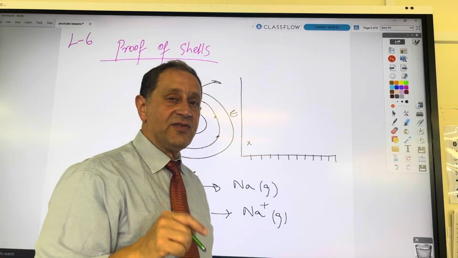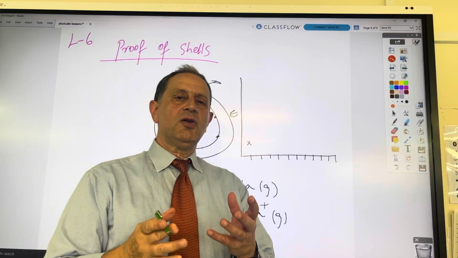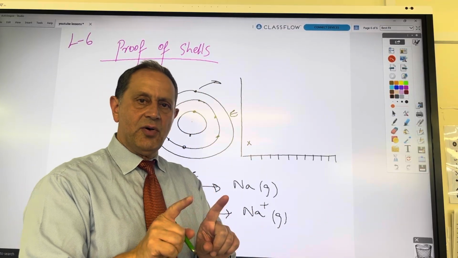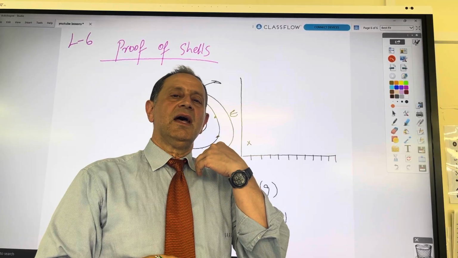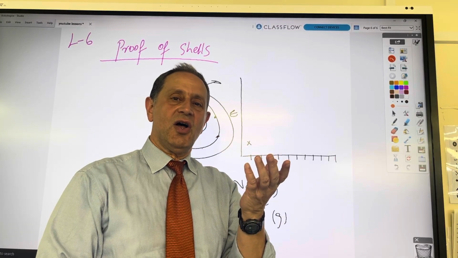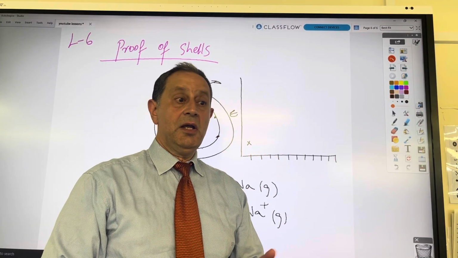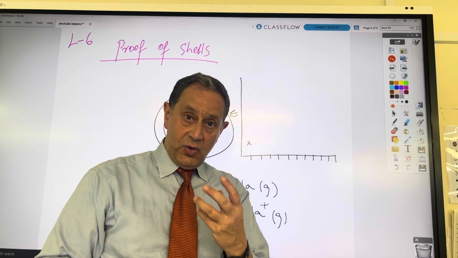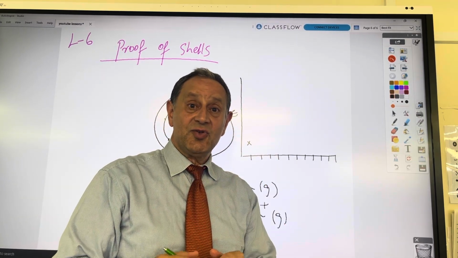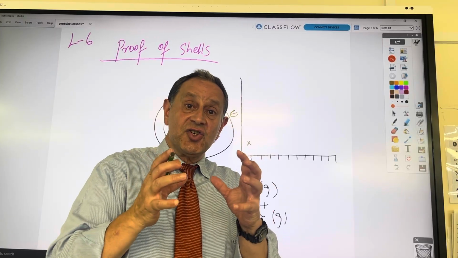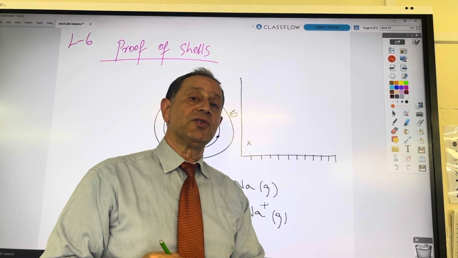Now another thing you have to consider is this: this guy's got 11 protons and 11 electrons around it. When the electron in the outer shell is lost, how many electrons are left now? 10. So now you have 11 protons attracting 10 electrons. So the metallic ions shrink as you get rid of electrons 1 by 1.